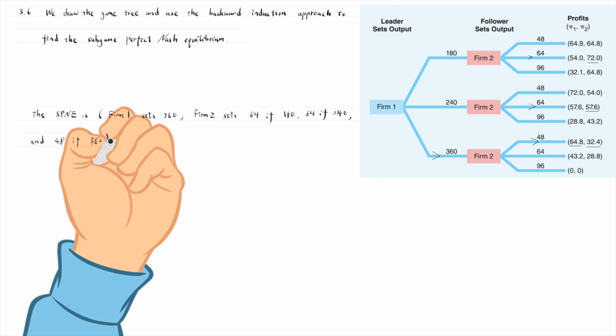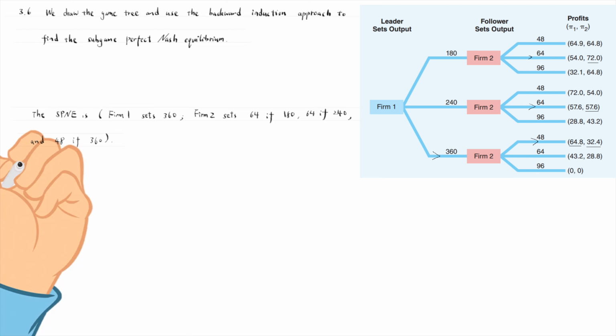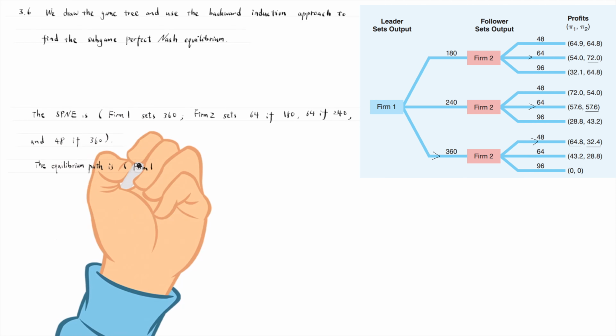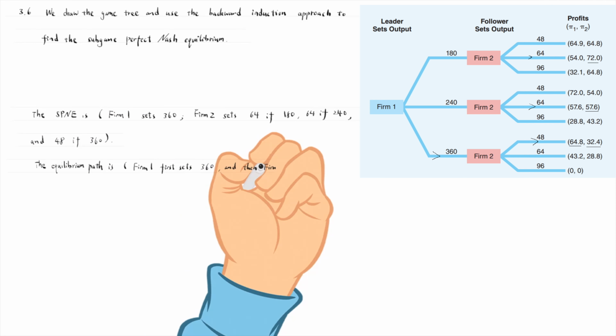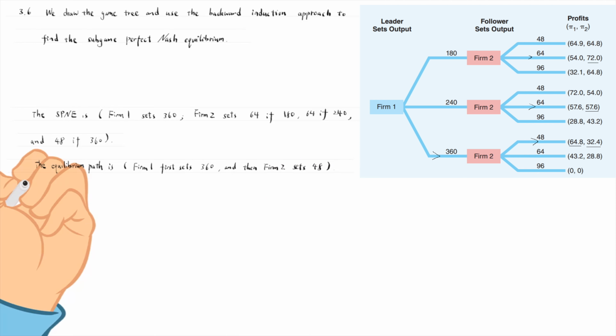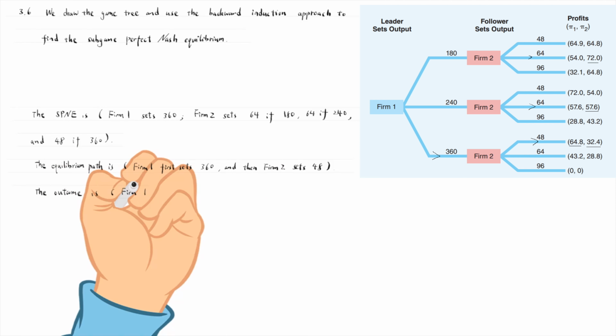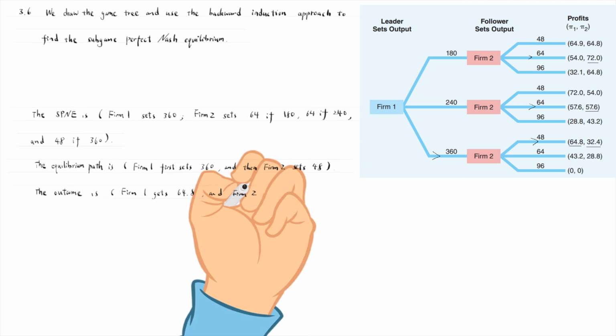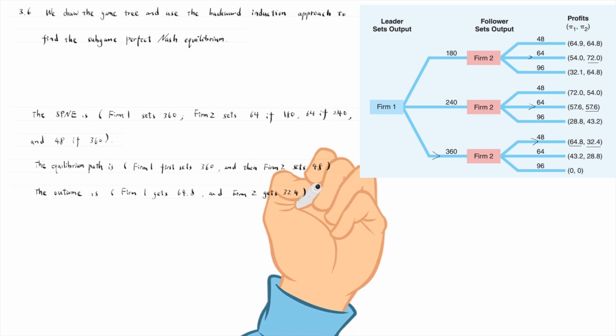So Form 2's strategy should be stated as above. The equilibrium path is that Form 1 first sets 360, and then Form 2 sets 48. The outcome of the game is that Form 1 earns 64.8 and Form 2 gets 32.4.